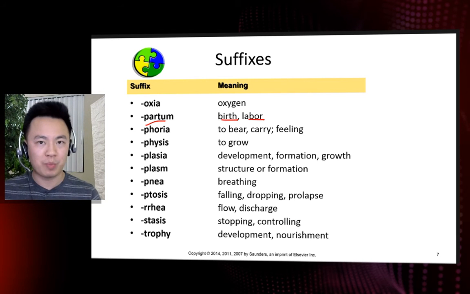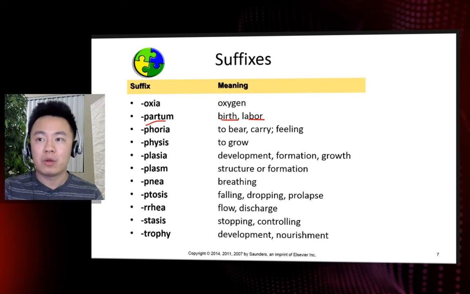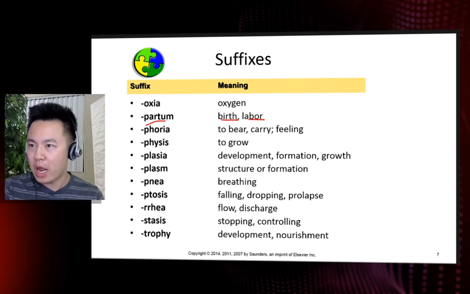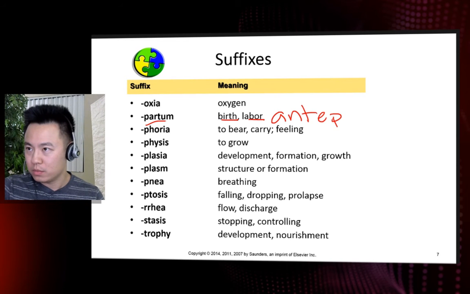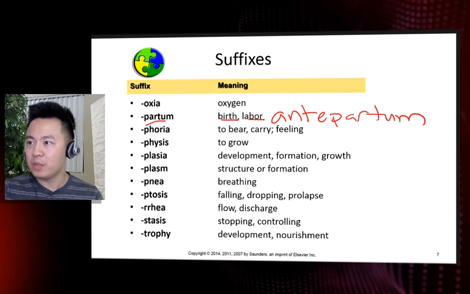Prepartum and postpartum. Prepartum is a condition when a pregnant mother is prior to giving birth, and postpartum is after. Actually, more specific, not prepartum, but antepartum. Antepartum means before birth, and postpartum means after birth or labor.